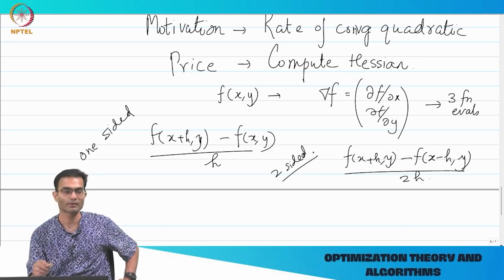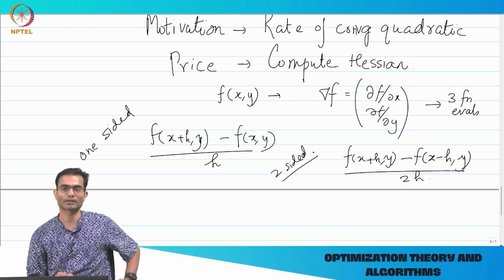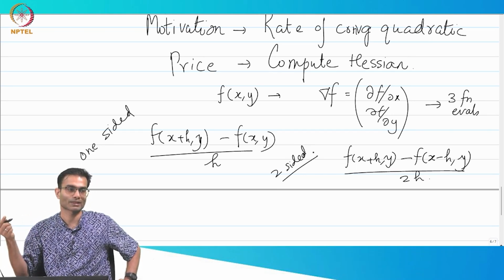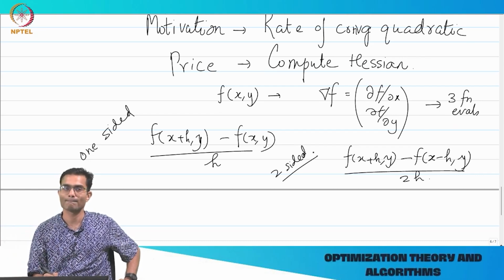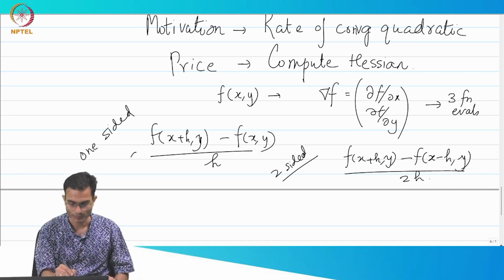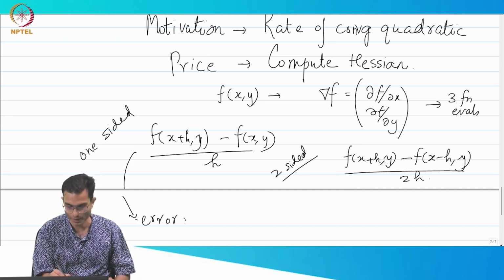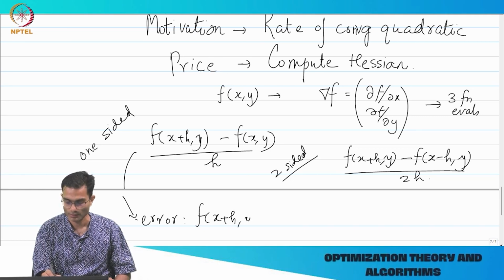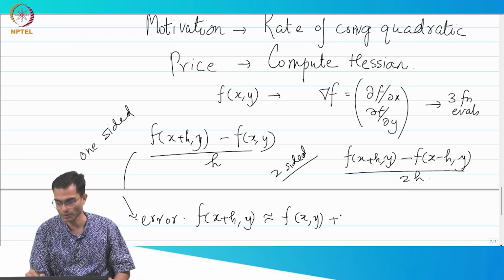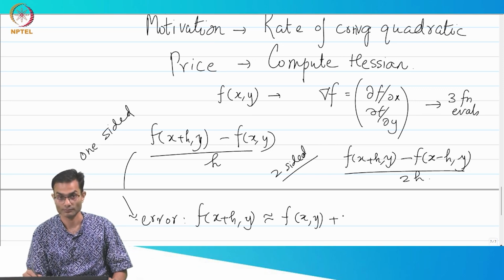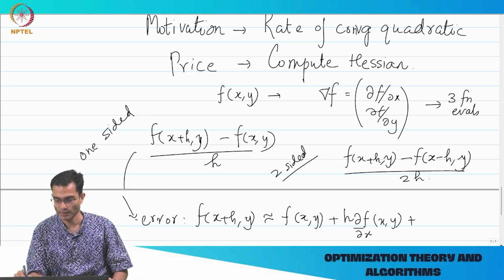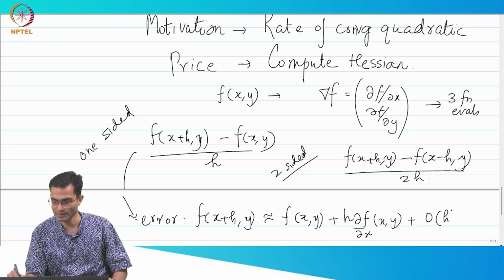What is the advantage of a two-sided difference? It is much more accurate. If you take the Taylor series expansion of f of x plus h, what is the order of the error? f of x comma y plus h times df by dx at x comma y, plus order h square terms.